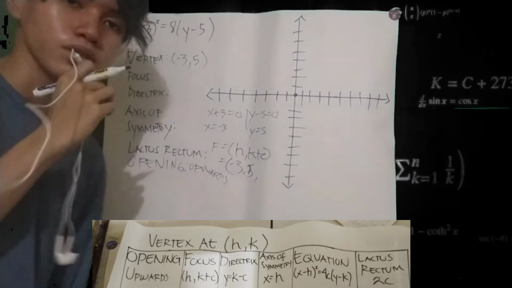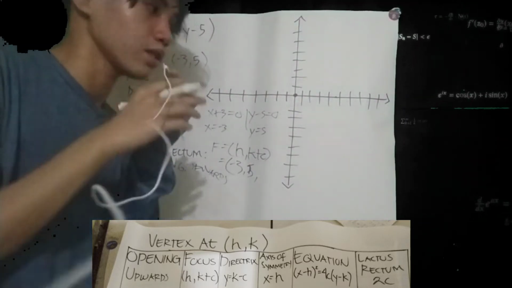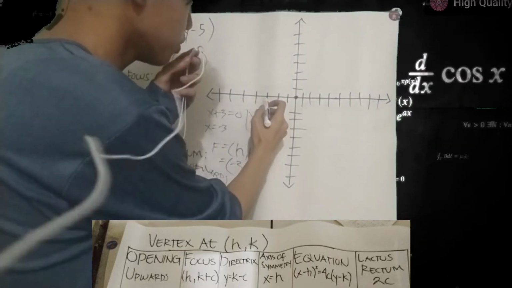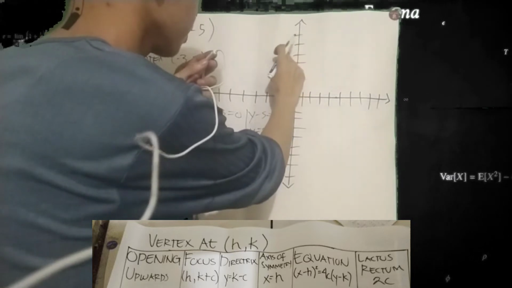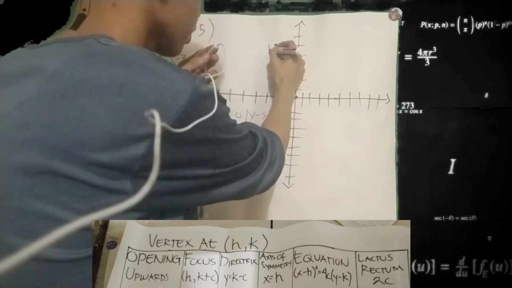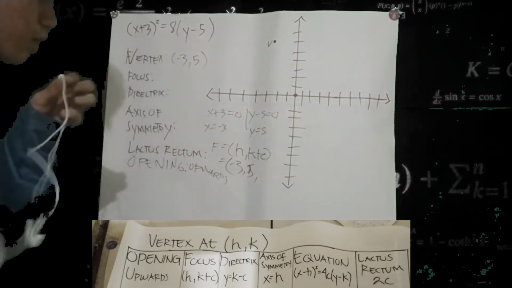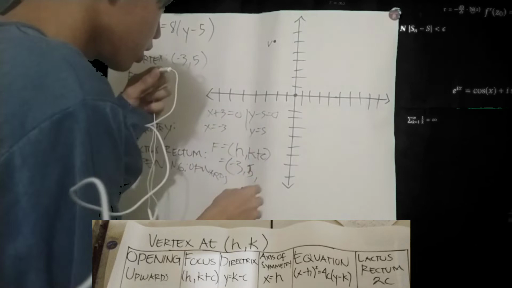So ang coordinates ng vertex natin dito is negative 3 and 5. Lagay natin negative 3, 5 units upward, 1, 2, 3, 4, 5. So nandito yung vertex.